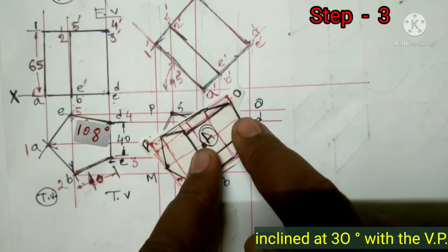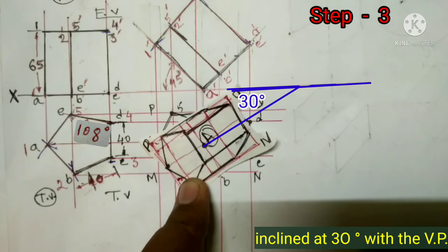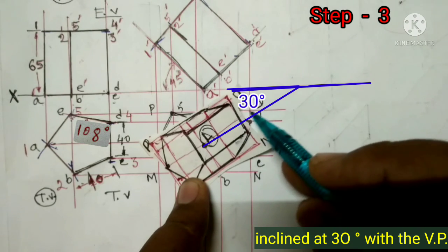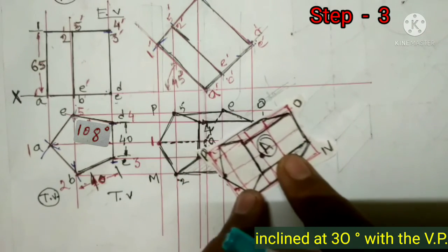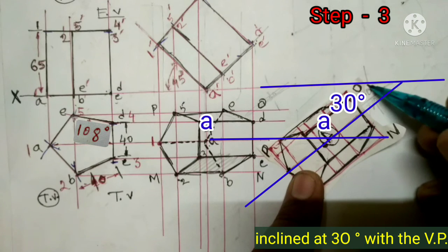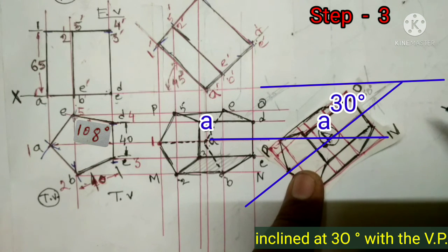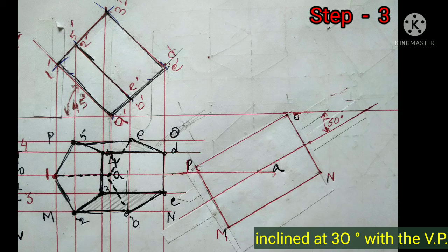Then rotate slightly to make an angle of 30 degrees with the VP. Draw the 30 degree angle along with the XY line and then draw the rectangle MNOP keeping the point A in the same straight line.